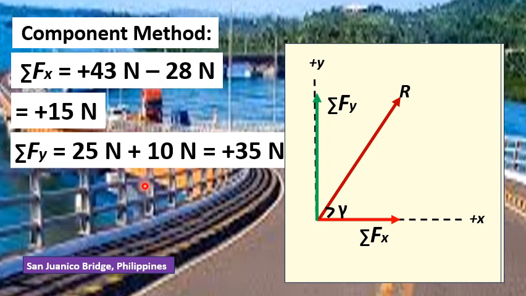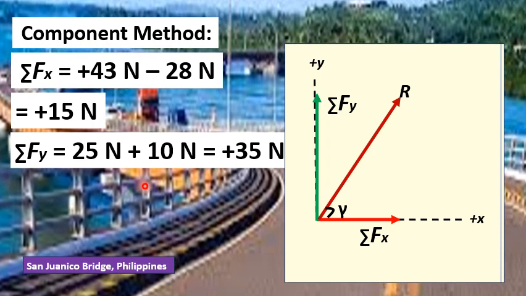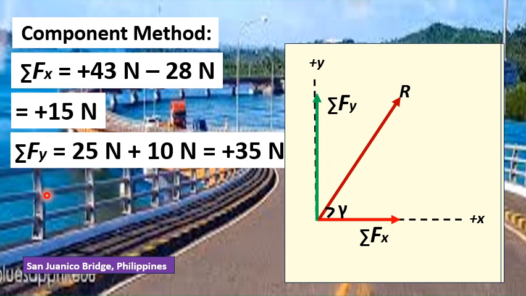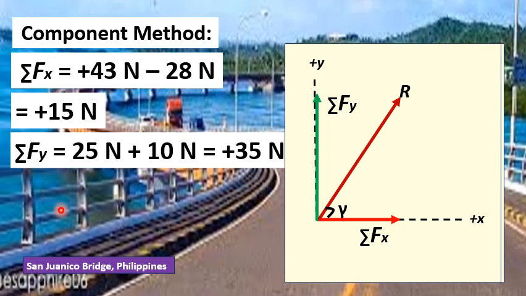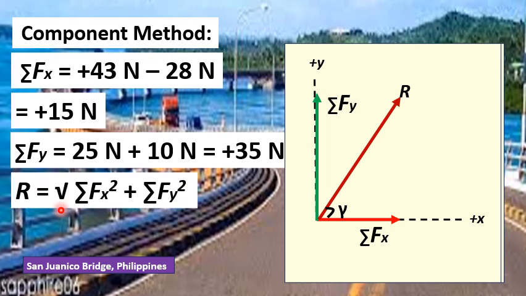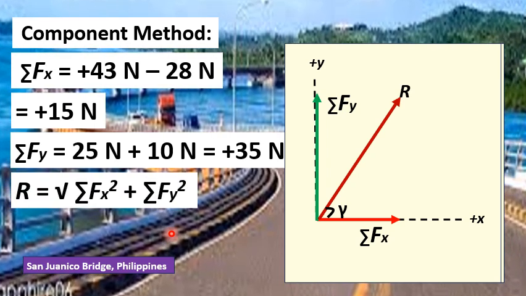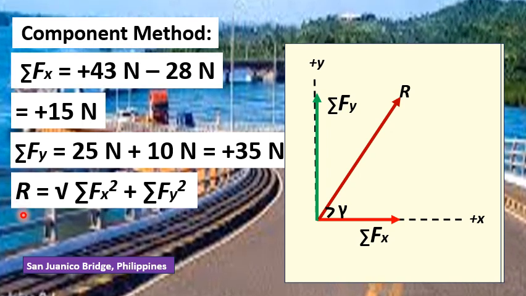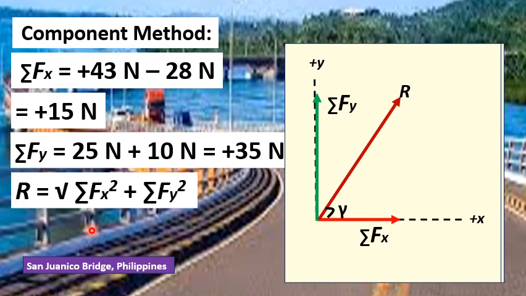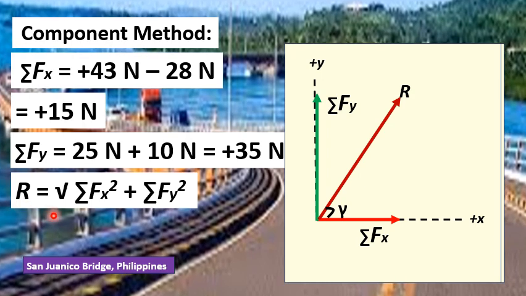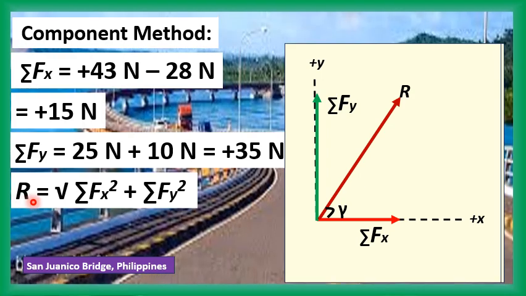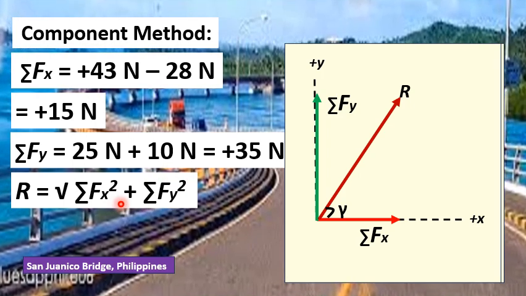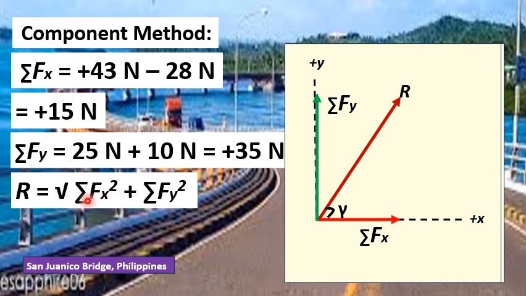Now, we can find the magnitude of the resultant, big R, by using the Pythagorean formula. The Pythagorean formula in finding the magnitude of the resultant force big R is just equal to the square root of the sum of the squares of summation of Fx and summation of Fy.